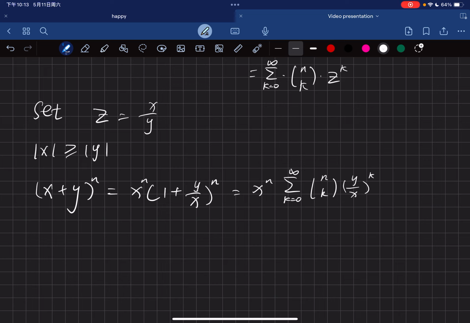In that way we can simplify this equation by letting those two x combine together.